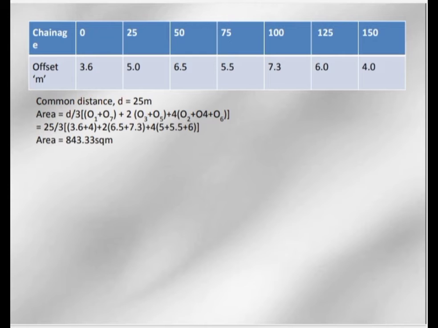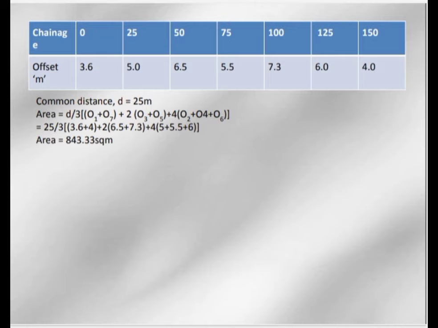Is equal to 25 over 3, open parentheses, 3.6 plus 4 plus 2, open parentheses, plus 6.5 plus 7.3 close parentheses, plus 4, open parentheses, plus 5 plus 5.5 plus 6 close parentheses. So in all, the total area is 843.33 square meter.